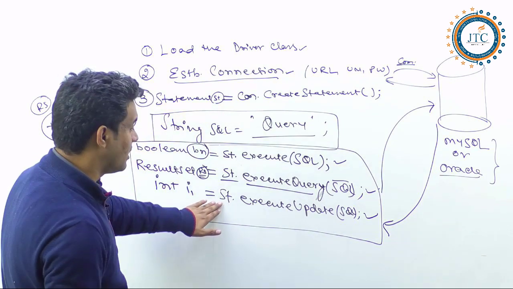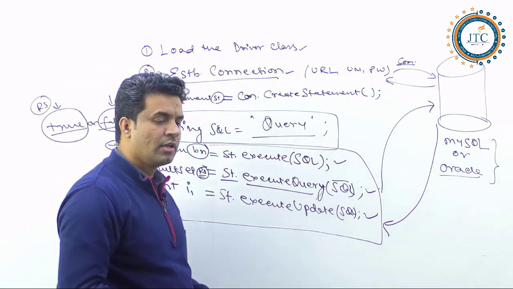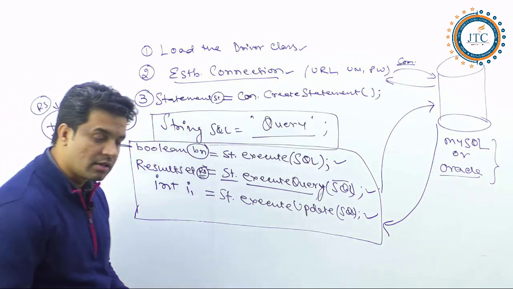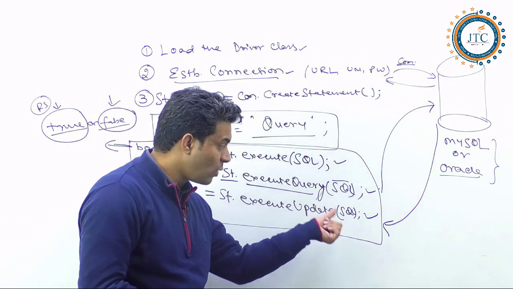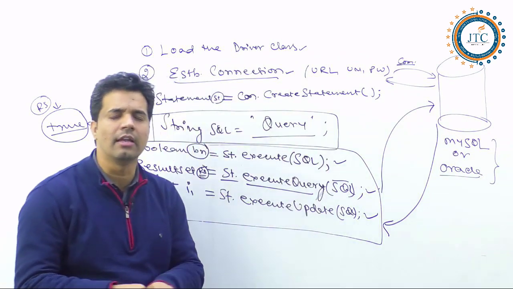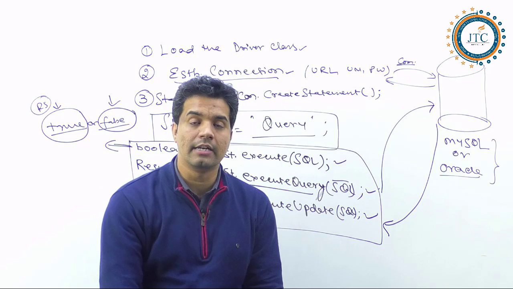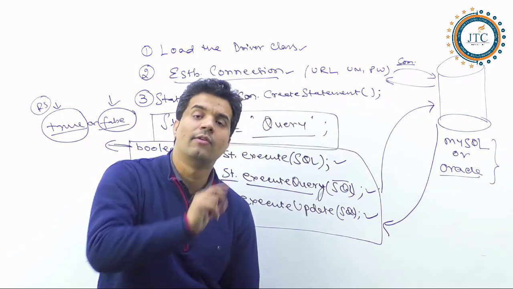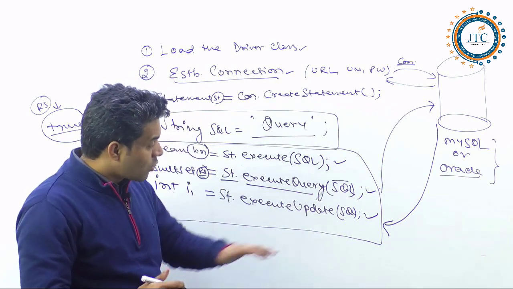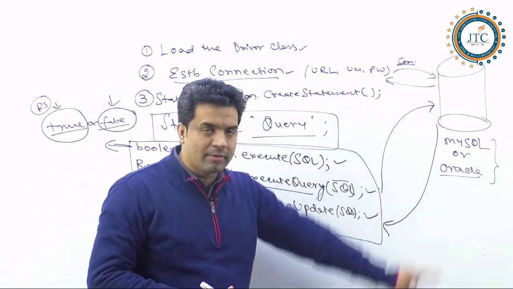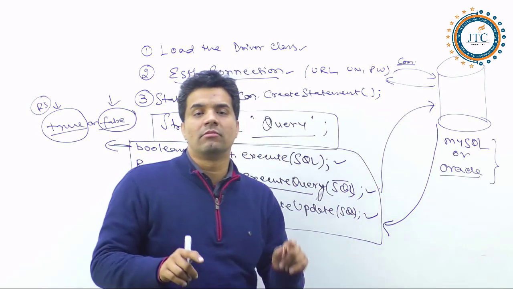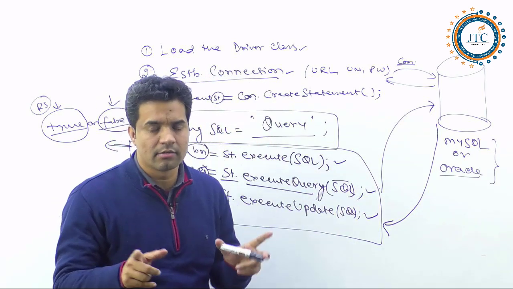Here, when I write st.executeUpdate, it returns a value of type integer. Why? Based on the query you pass to the database, some number of records got affected in the database.